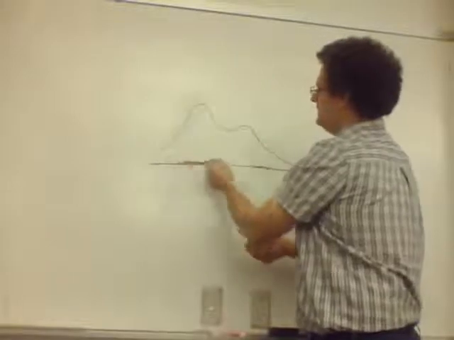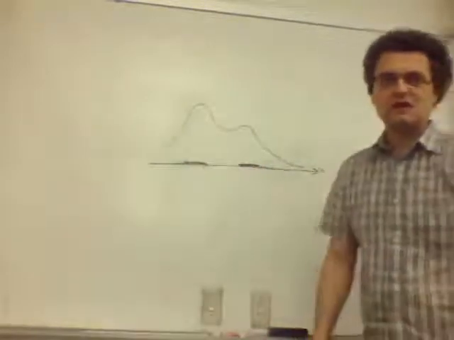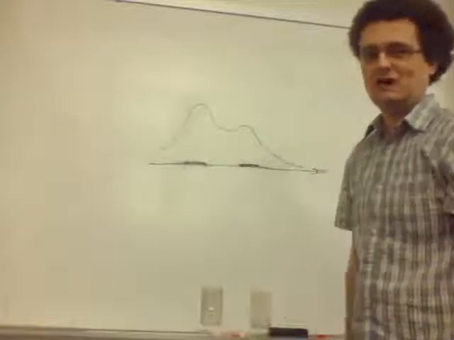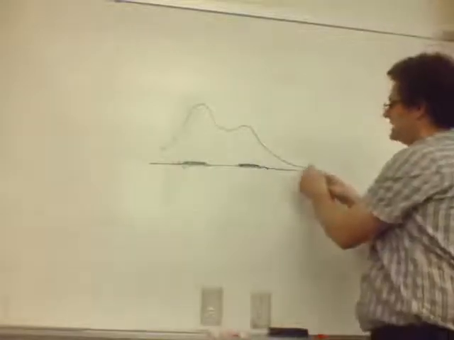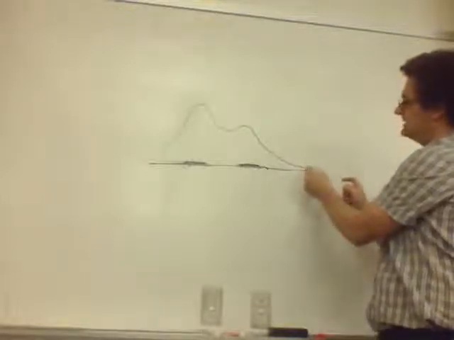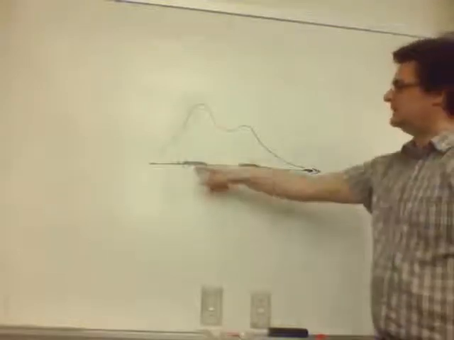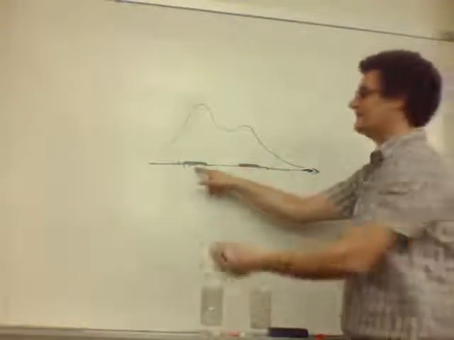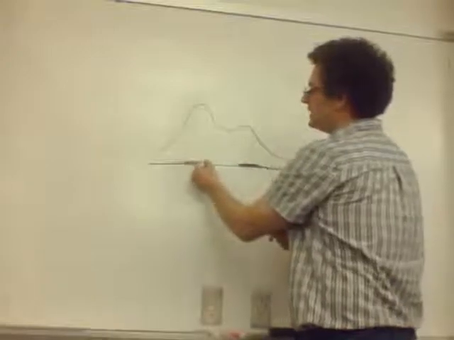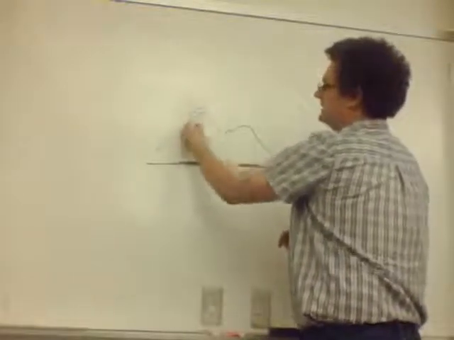So somewhere here, values are probably more likely to happen than taking a value somewhere here. So points in this interval are much less likely to happen than points in this interval, because the probability of taking a point in this interval is simply this area here.